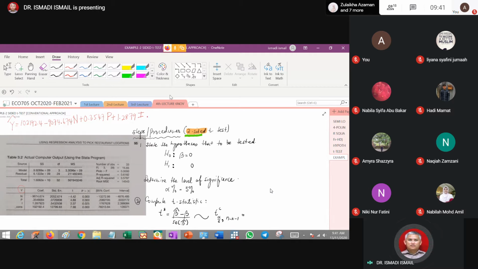Now you are required to determine the level of significance at 5% using two-sided, determine the significance of variable, let's say n, at 5%.